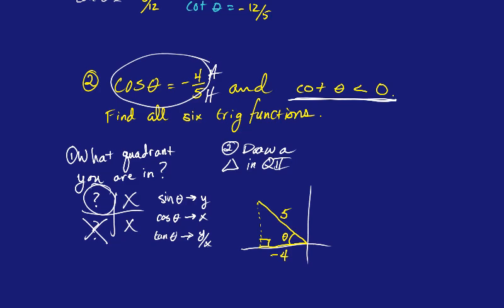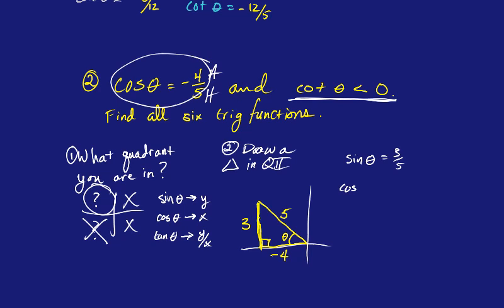Hopefully you see that that's a 3, 4, 5 triangle, but just make sure that your other missing value is either positive or negative based off the quadrant. So in quadrant 2, the y values are positive, so my vertical height of this triangle will also be positive 3. And now I can finish the problem. I know the sine now. The sine of theta is going to be 3/5.